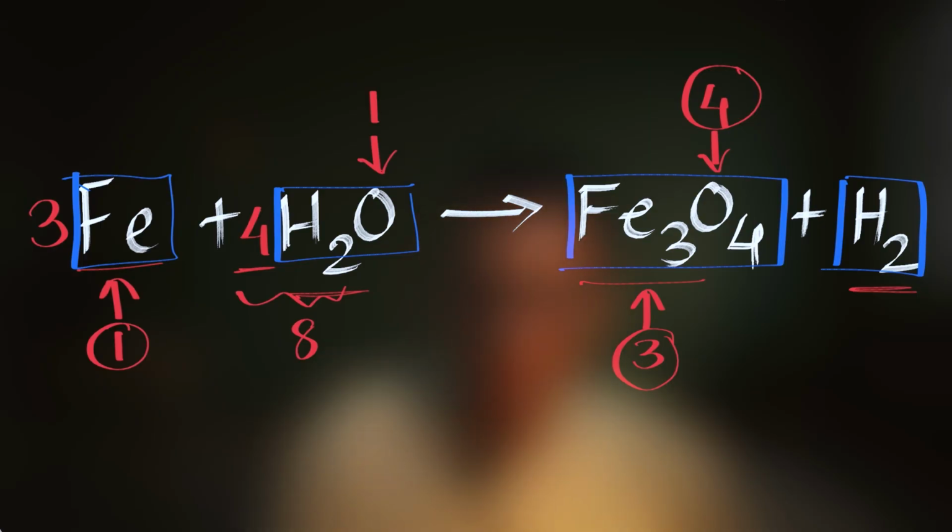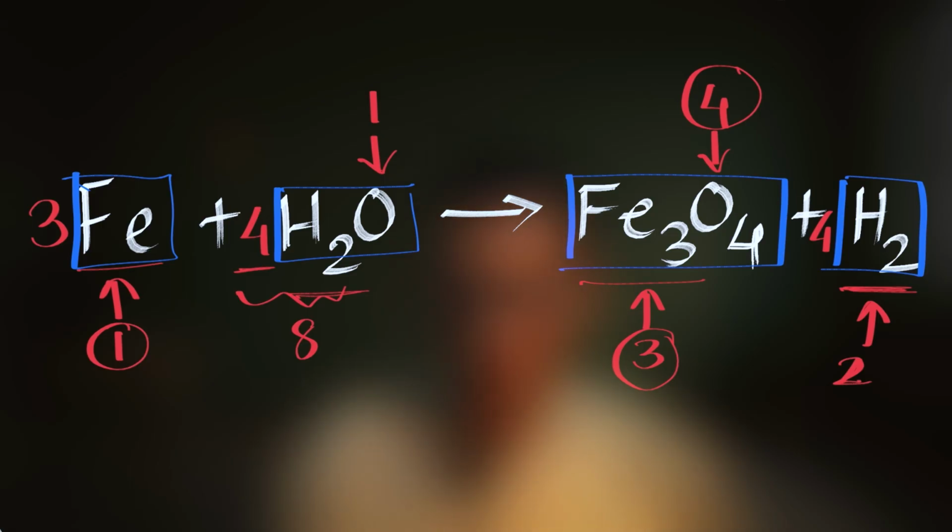Which means on the right hand side, I have to increase number of hydrogens from 2 to 8. Right now there are 2. I need to make it 8. For that, I'll put simply number 4 in front of hydrogen on the right hand side. So that gives me 4 into 2, 8 hydrogens on the right hand side also.